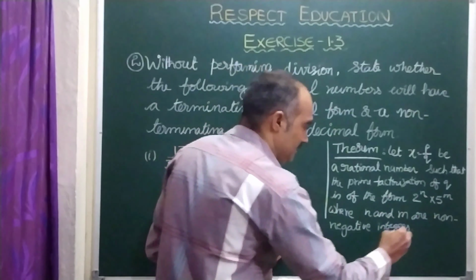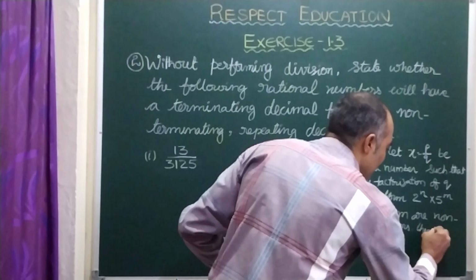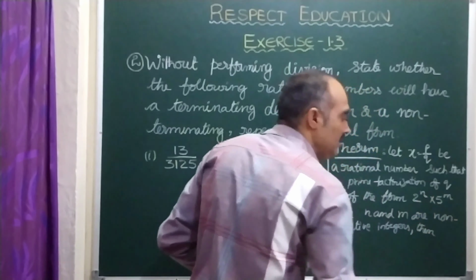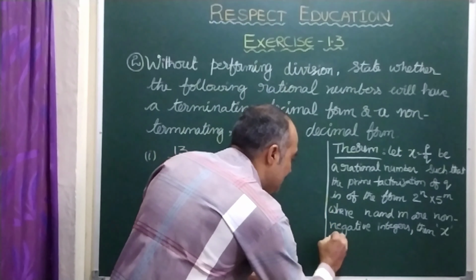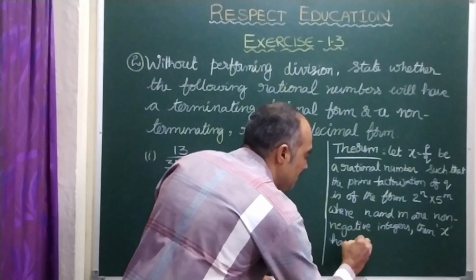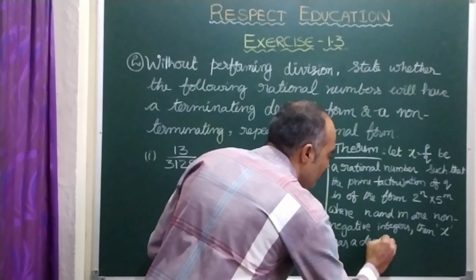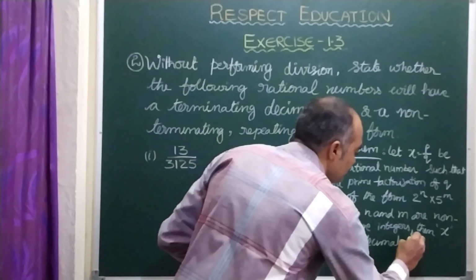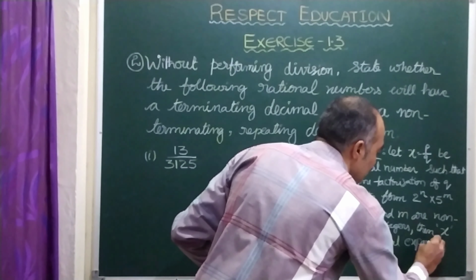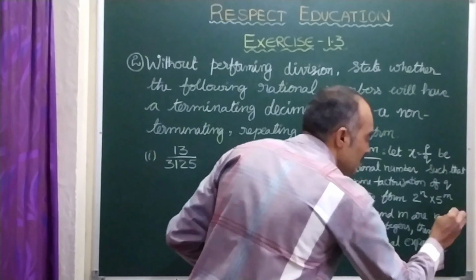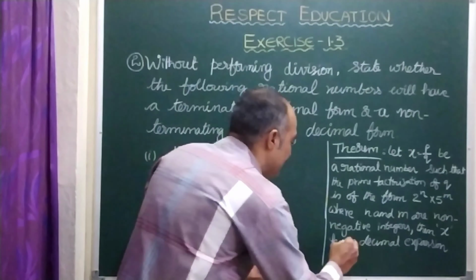Then x has a decimal expansion. x means here p by q. x has a decimal expansion which is terminating.